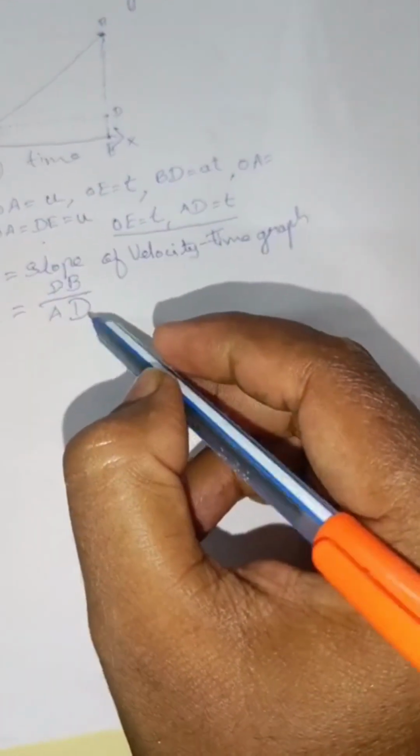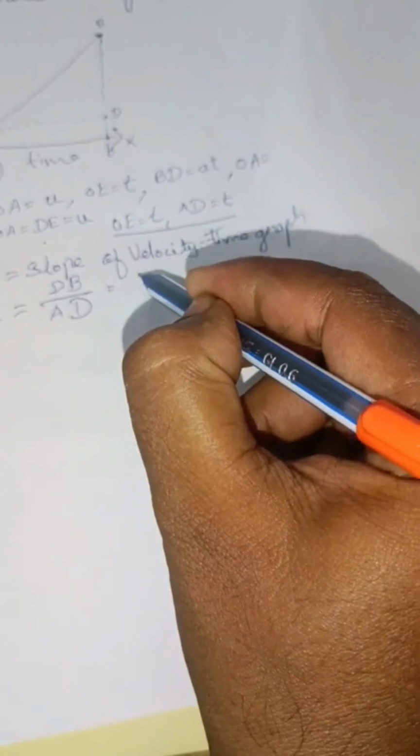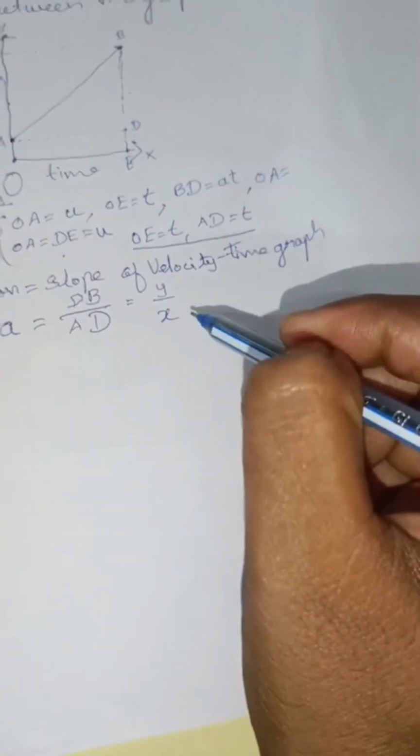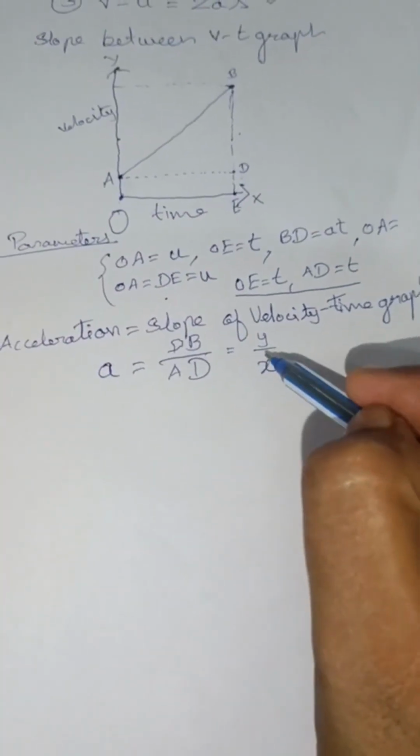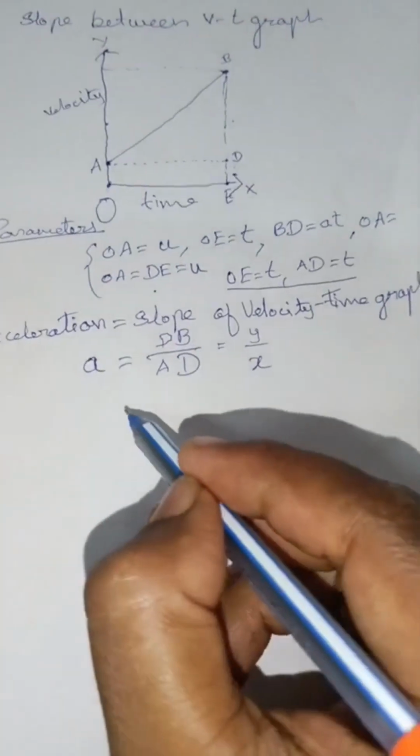I have to consider the slope part; even I can write it as y by x, and in this sense also I can define the equation as y by x.